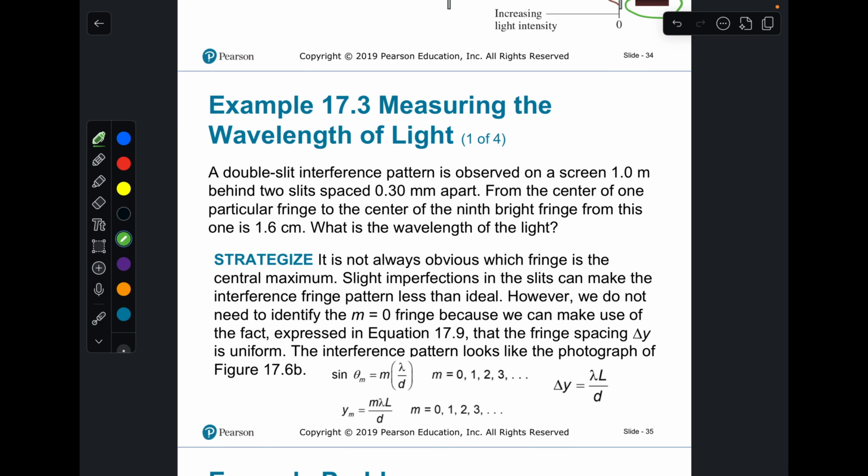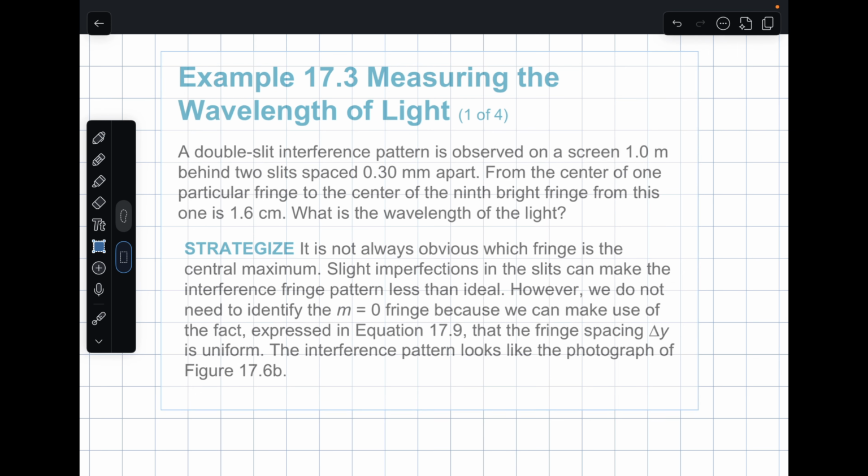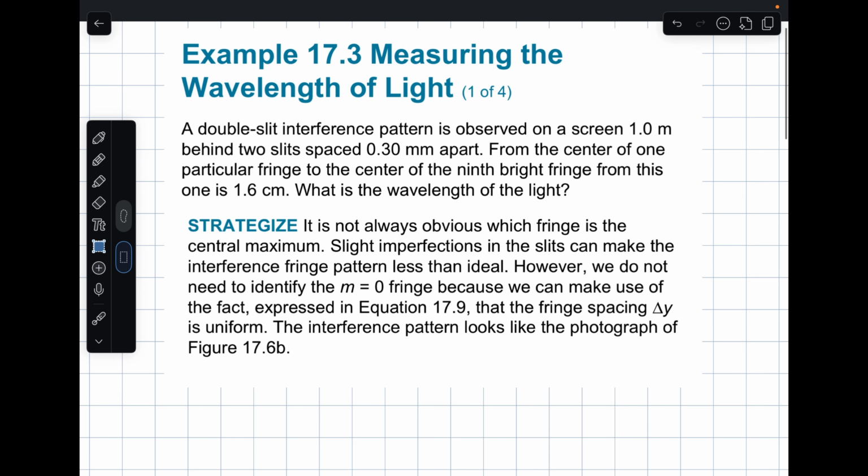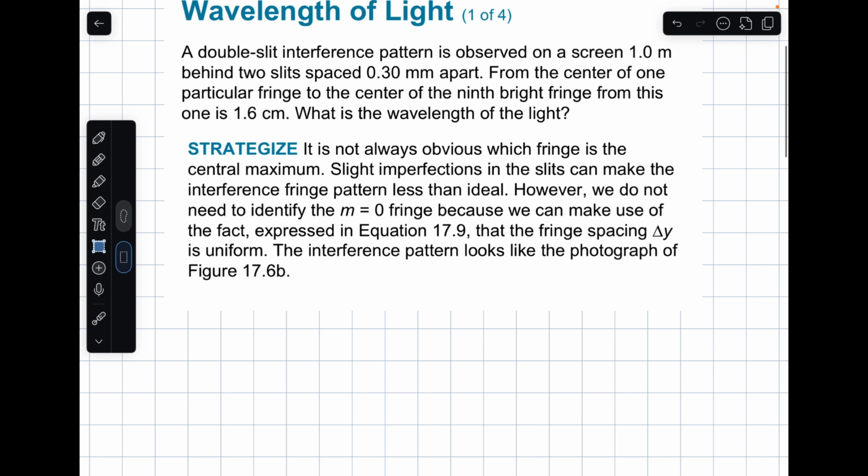So let's take a look at this example. We have a double slit interference pattern observed on a screen. A picture of what we're dealing with is we have our screen over here and it's showing our bright fringes.